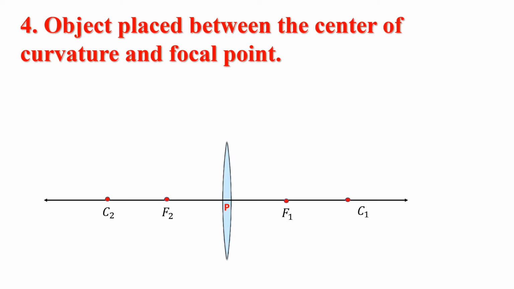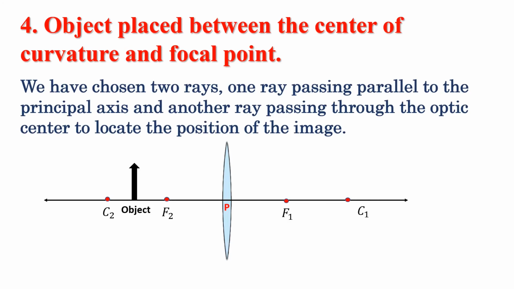Next, the fourth position. The object is placed between the center of curvature and the focal point, that is between C2 and F2. Here this is the object. To draw the ray diagram, we are using the same two rays.